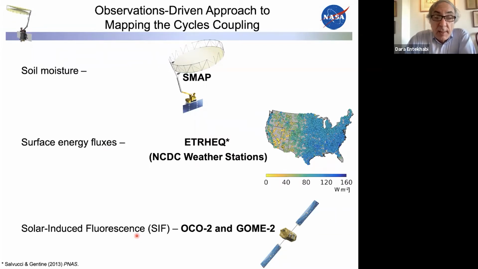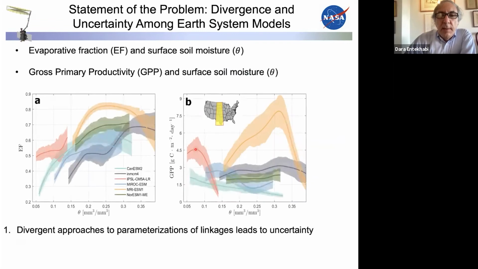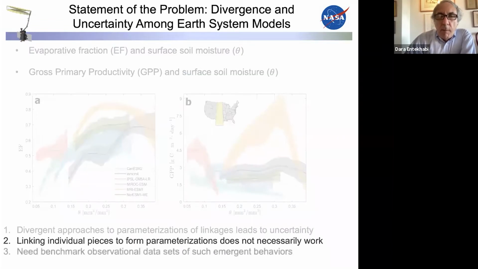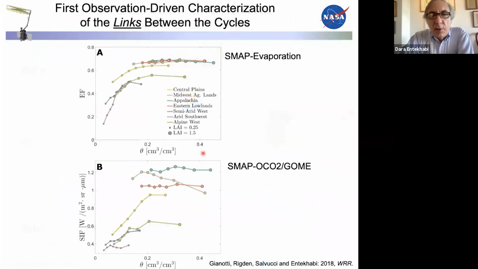So it's measuring photosynthesis and biomass development directly. So we have all the elements of making these plots, and really it's a lot of work, but the result is one benchmark data set.